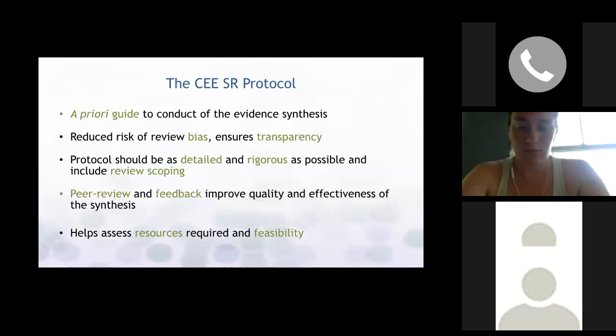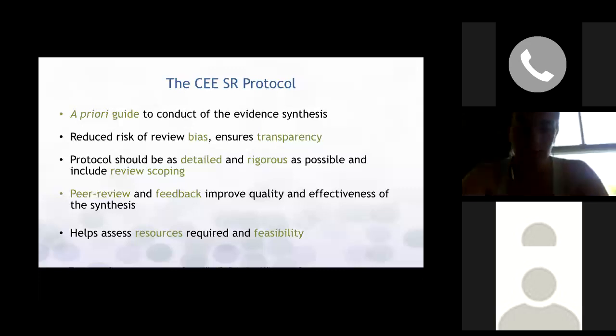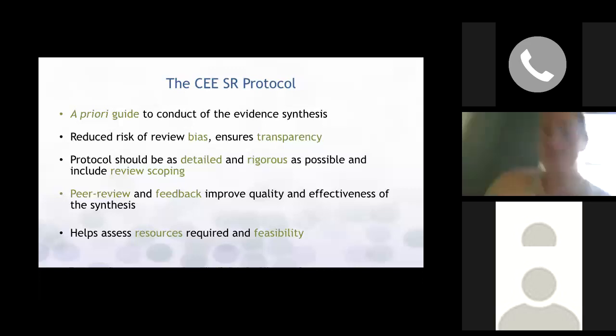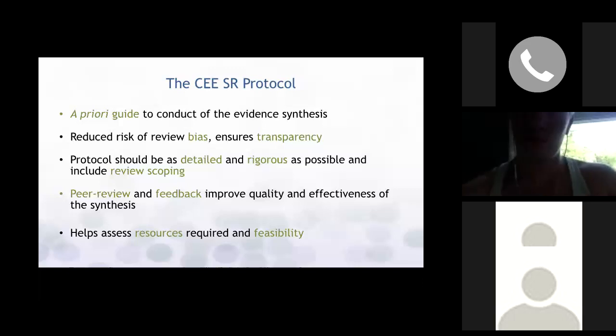So that when you start reviewing, especially for a large review team, like you guys doing the oceans map, you're going to need to make sure that everyone's interpreting all of your categories, all of your inclusion and exclusion criteria about what articles are actually going to be in your review in the same way, so that there's consistency. And this will improve both the quality and the reliability of your review itself.